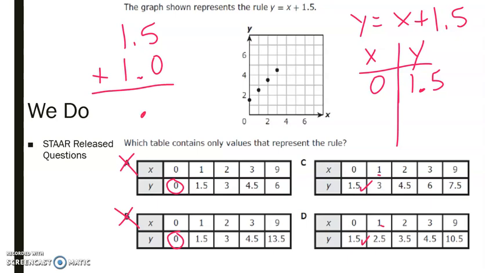I'm going to bring down my decimal here. And in my tens place, 5 plus 0 is 5. 1 plus 1 is 2. So when x is 1, y is 2 and 5/10. So in this case for C, I see that it has 3. So this is not correct. Now D, I see 2 and 5/10. So that means that D has to be my answer.